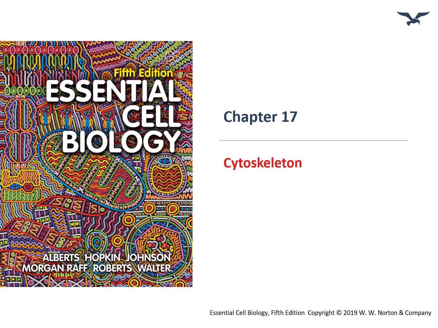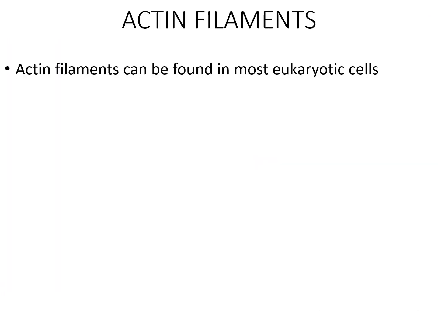Hi everyone. So today under the cytoskeleton we are going to learn about actin filaments, which is one of the three components of the cytoskeleton. And you already learned about intermediate filaments and microtubules. So in today's lecture, let's discuss a little bit about actin filaments.